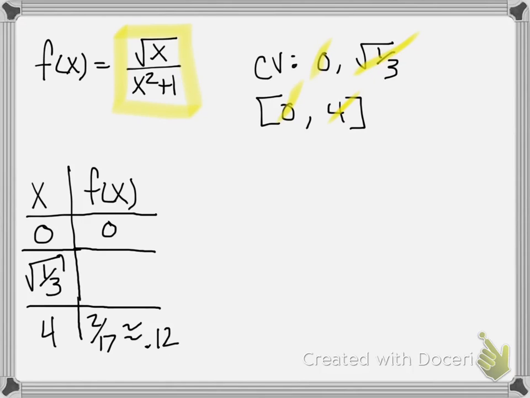Alright, so now comes the fun part. What I did, I just plugged it into a calculator, but if you actually wanted to crunch it out, you get 1/3 to the 1/2, to the 1/2.